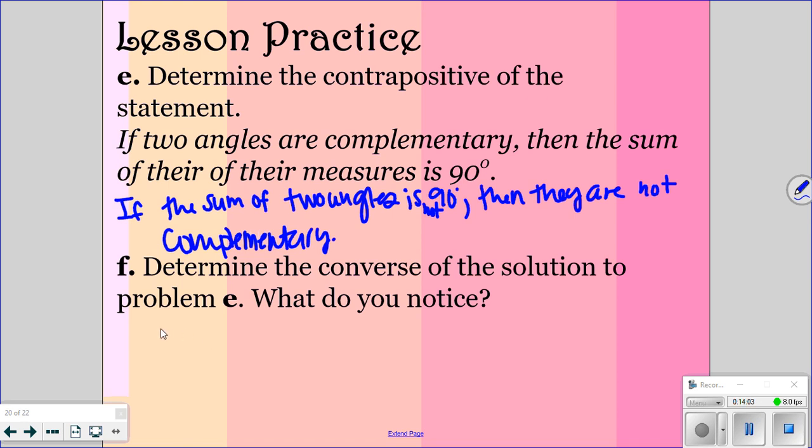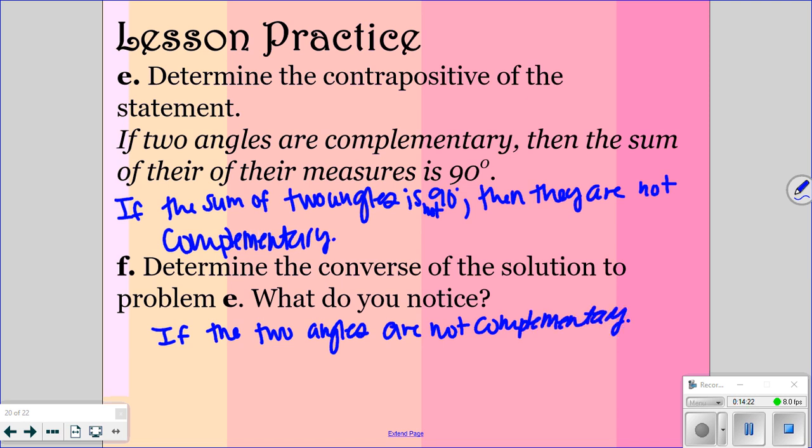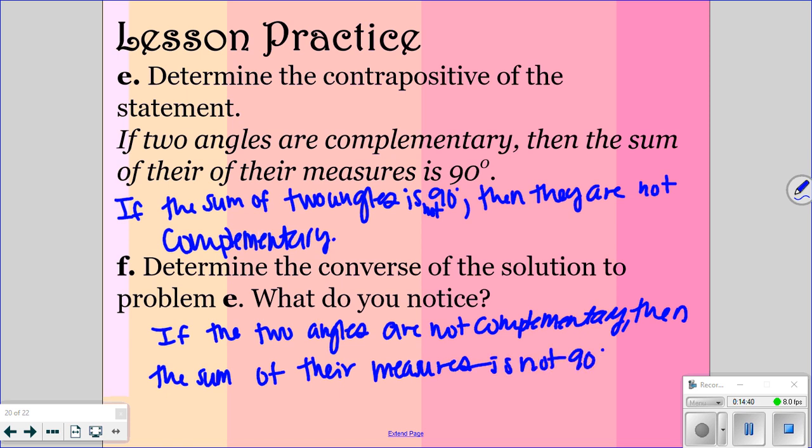So the converse would be if the two angles are not complementary, then the sum of their measures is not 90 degrees.